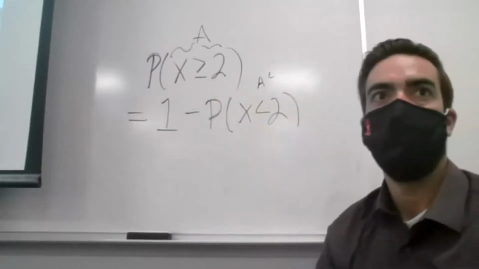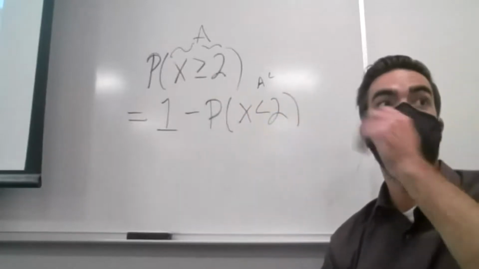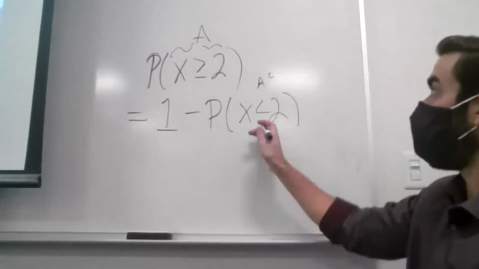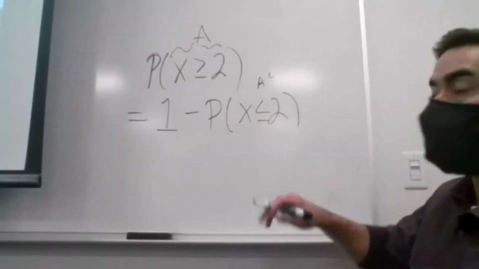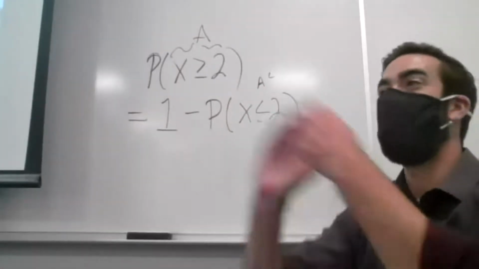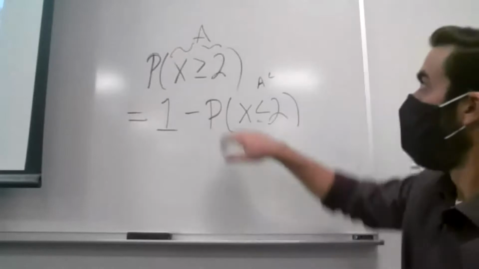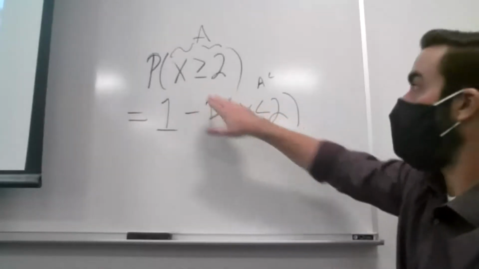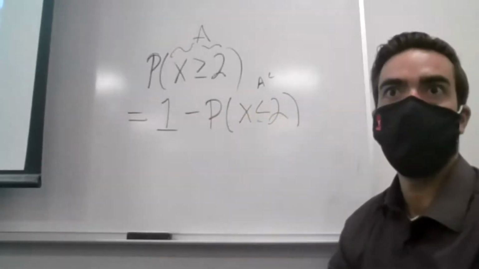Just the opposite of that, right? Now you have to be careful of your equalities. You don't want to put less than or equal to because now the equal is in both. The idea of a complement is that it's everything that's not in A, so you can't have something that's in both of them. So if you've got the equality up here in event A, you need to make sure you don't put it here.